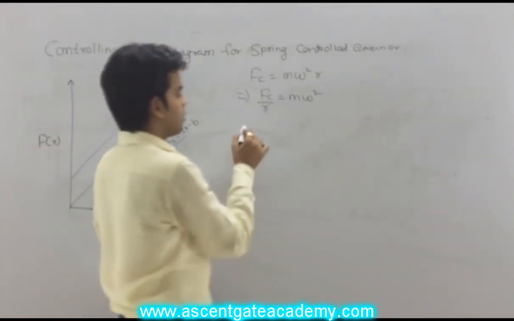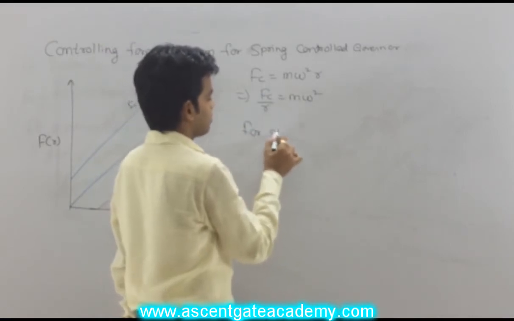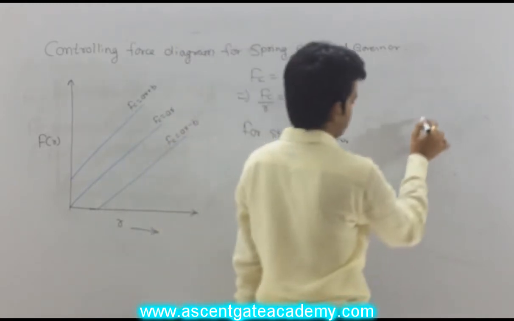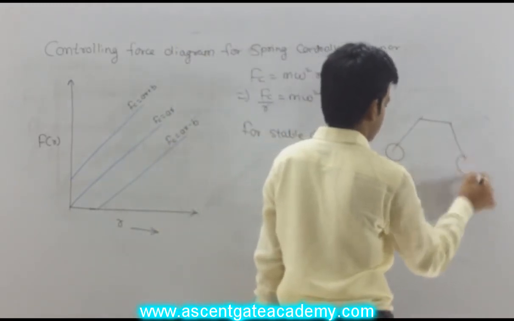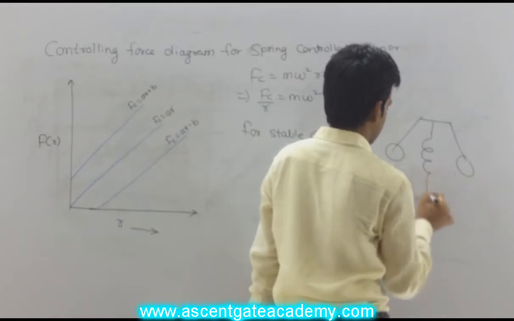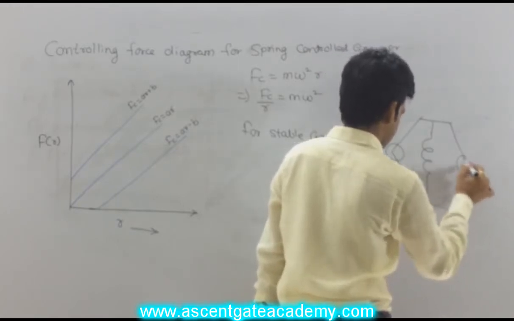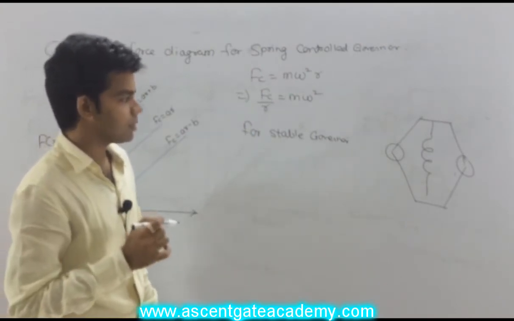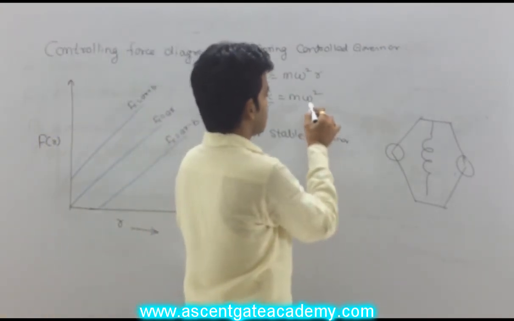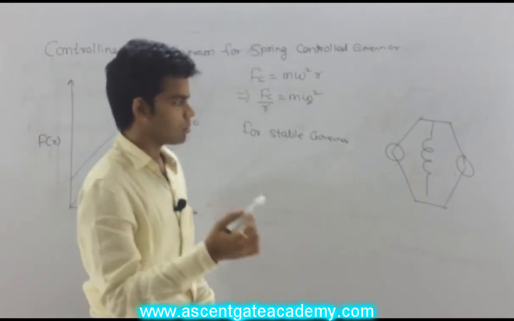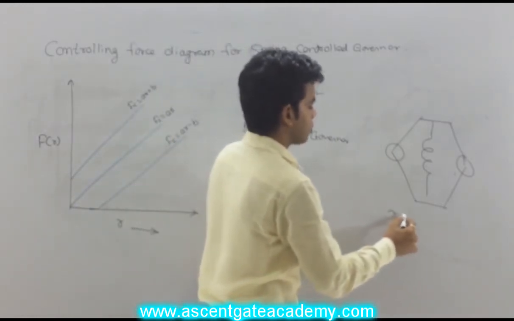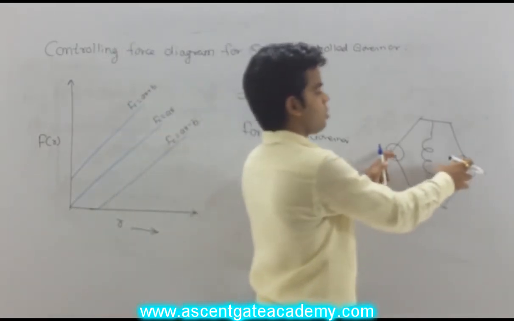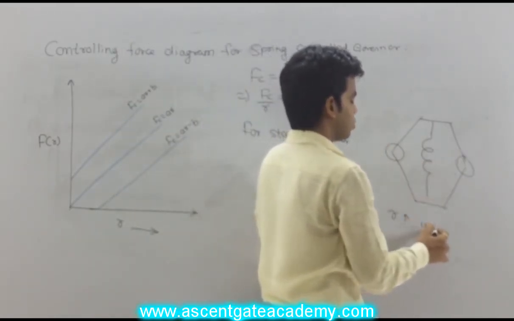Now, for a stable governor, what is the condition? Suppose this is a Hartnell governor. For any stable governor, if the radius of rotation is increasing, then the speed should increase.